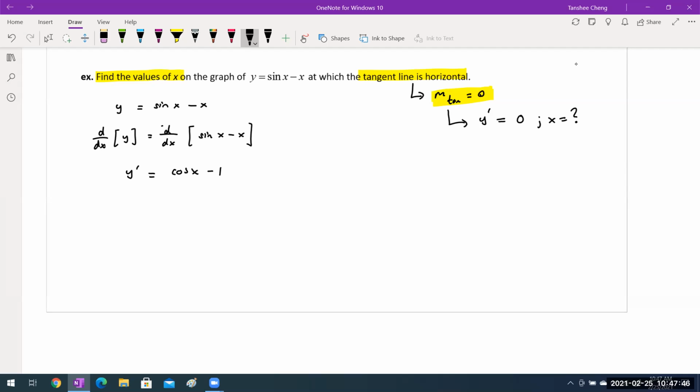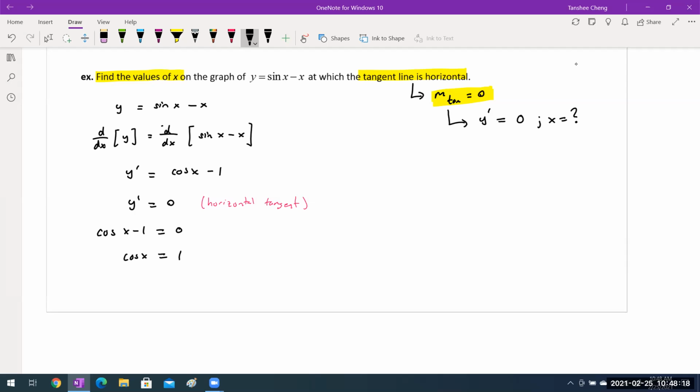And then we want y prime equal to 0, which implies the tangent line is horizontal. So this is asking us to solve cosine x minus 1 equal to 0. So cosine x is equal to 1.